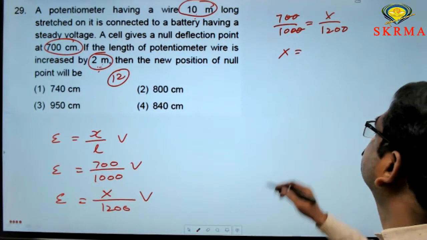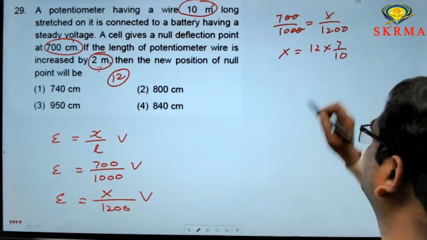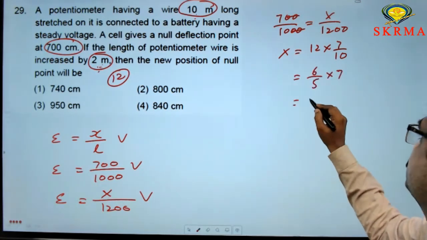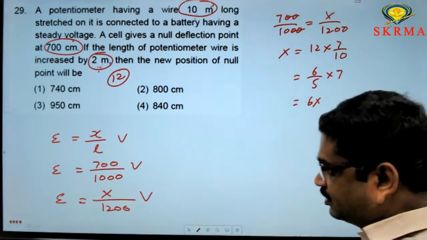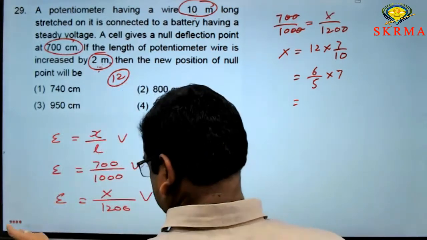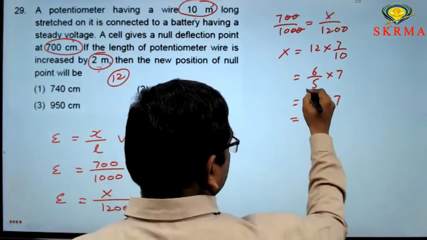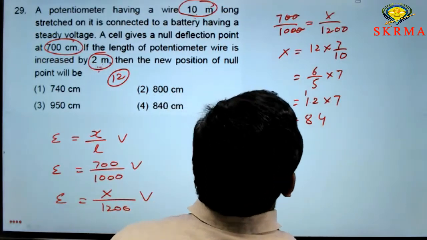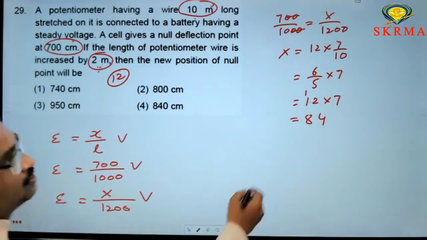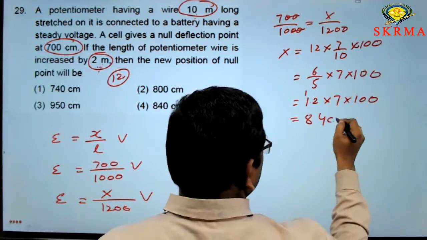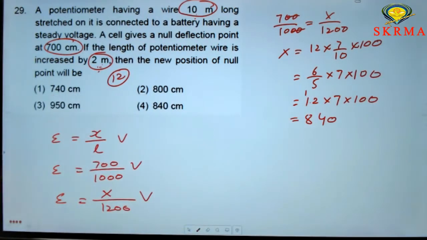Then X equal to 12 into 7 by 10, that is 6 by 5 into 7, 1.2 into 7. So 840 centimeters.